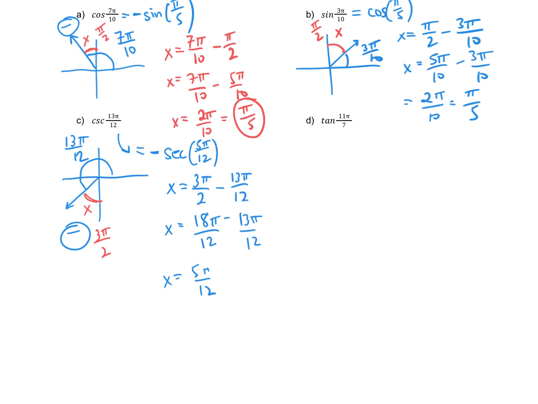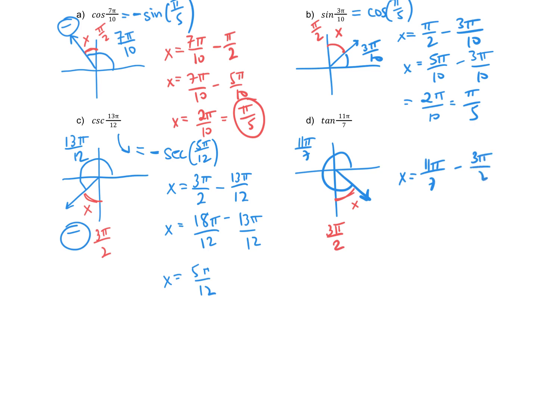All right, last one. 11 pi over 7 is in quadrant 4. This whole angle is 11 pi over 7, and we know this is x. And that entire angle in quadrant 4 is greater than 3 pi over 2. It surpasses it. So if I want to find x, I'm taking 11 pi over 7 and subtracting 3 pi over 2 from it.